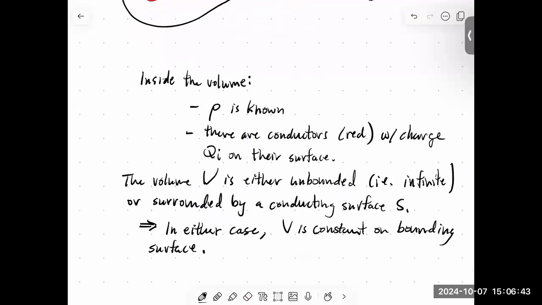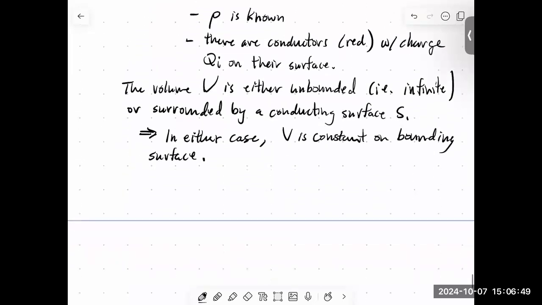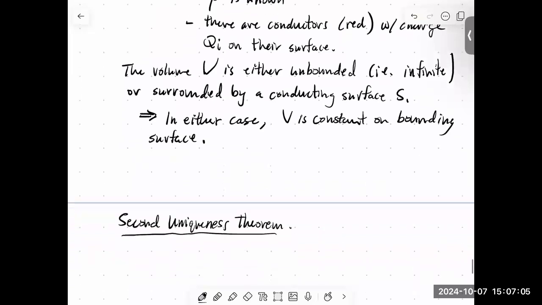Okay. So what can we do with this? So I'll write down what the second uniqueness theorem is. So second uniqueness theorem. All right.